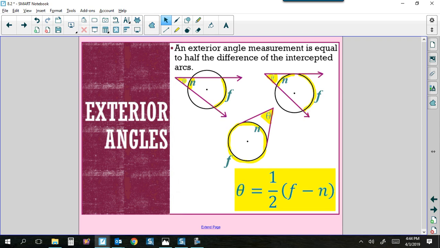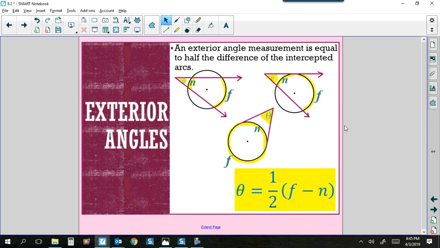Now, one of the ways that I do it, I always label them B and S for big and small. And for those of you that really struggled with subtraction, it's much easier to subtract when you go big minus small. So with these problems, it's always going to be easier on you if you remember it's always going to be one half the big arc minus the small arc.